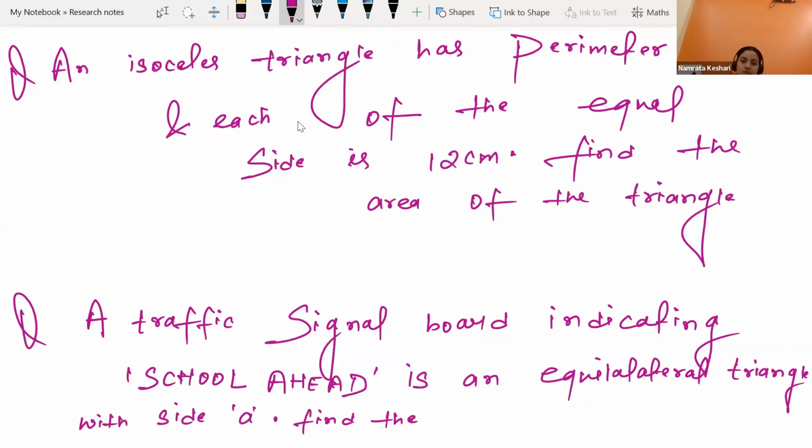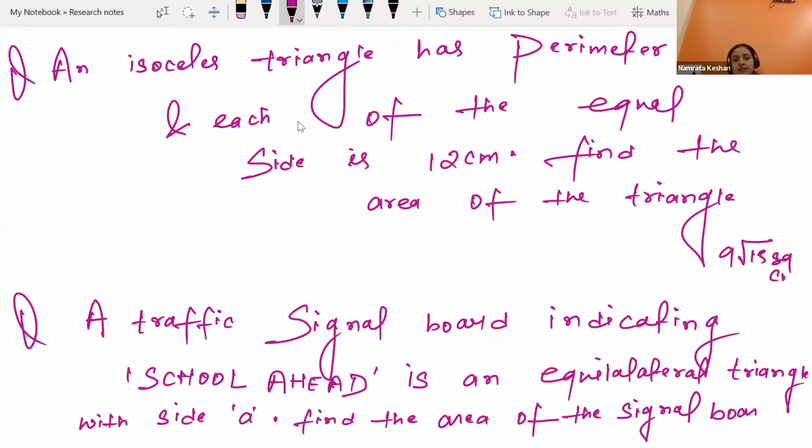Done, ma'am. What did you get, Arhan? 9 into root 15 square centimeter. See, here the catch is that it's an isosceles triangle.